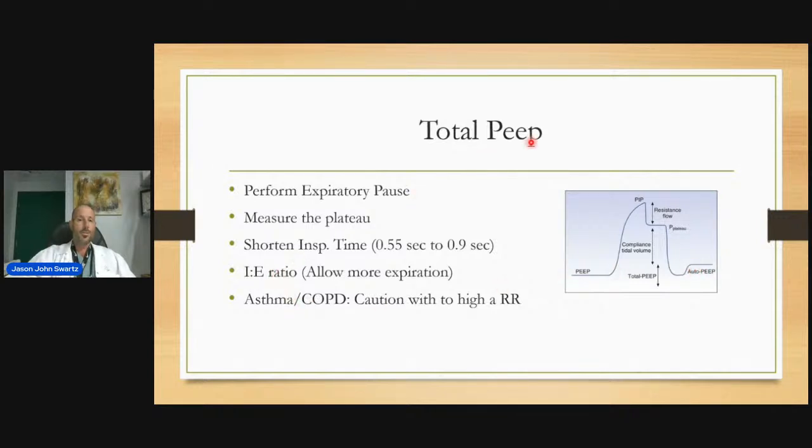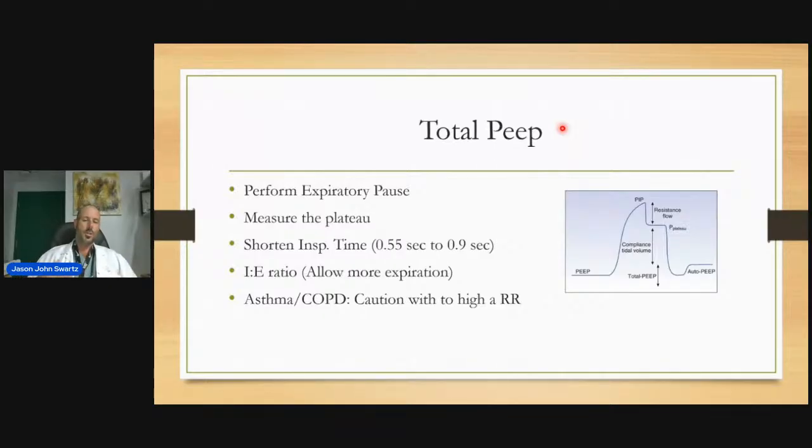If you're having issues with total PEEP because of bronchospasm, optimize your bronchodilators, look at your inspiratory time. Perhaps you have a high respiratory rate set and your inspiratory time is like 0.9, which is too high. Maybe you should reduce it. Just a reminder to look at the IE ratio; allowing enough expiration within that ratio can help as well.